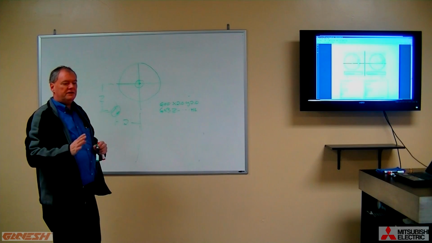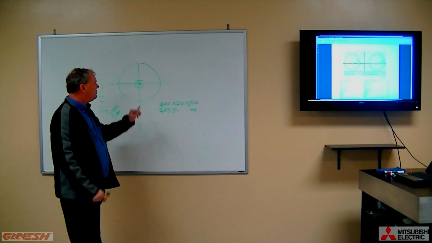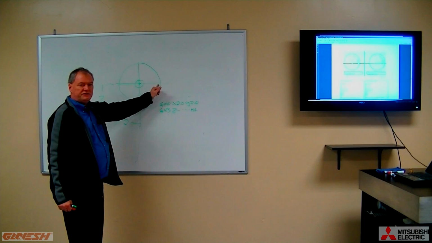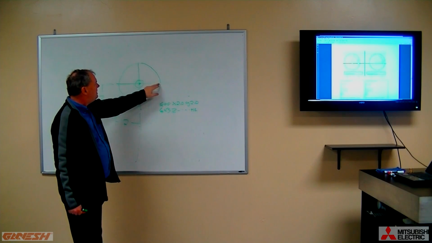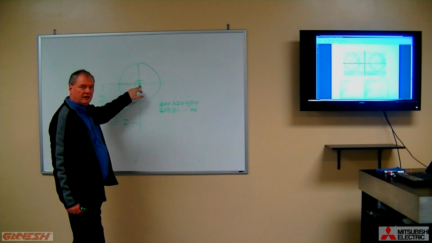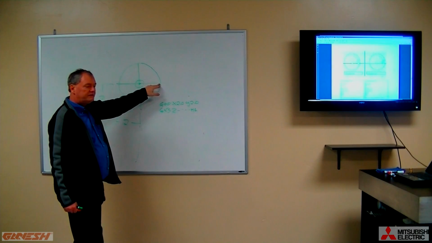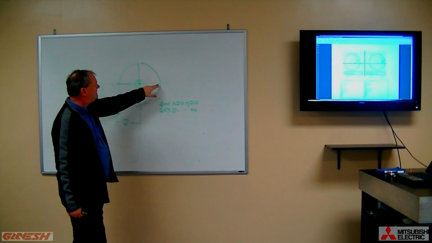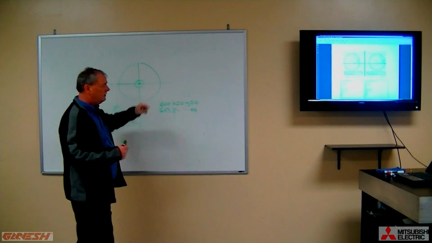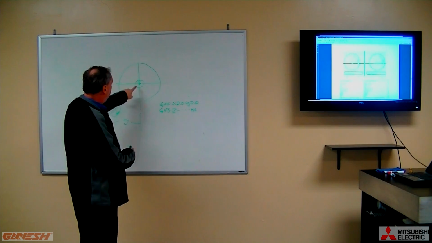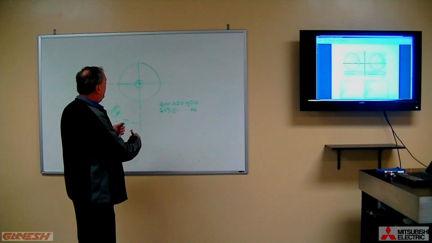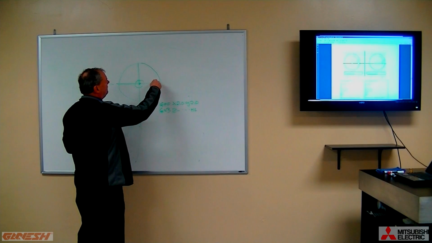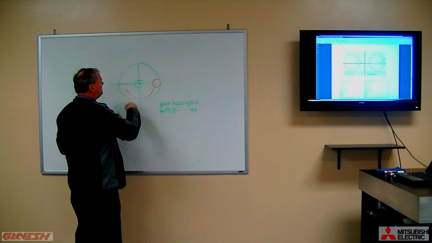Now, cutter comp in a circle, you must always begin cutter comp with a straight line move, and you must cancel cutter comp with a straight line move. We cannot cancel cutter comp in the middle or as the last part of a circular move. So now that we're sitting in the middle, we want to take a path with our cutter that compensates to the inside and moves around clockwise.